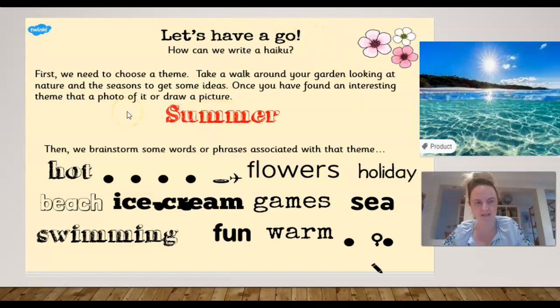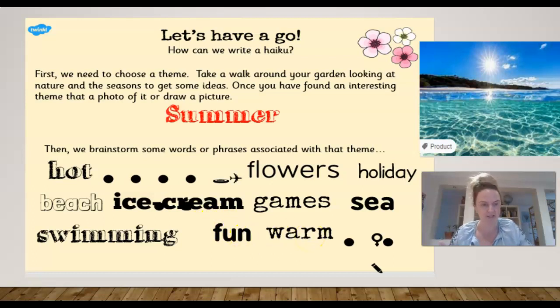So the next step that you need to do today is, once you have your photo, once you've got your idea of what you're going to do about nature, you need to then brainstorm some words or phrases associated with that theme. So I've thought of hot, flowers, holiday, the beach, ice cream, games, sea, swimming, fun, and warm.